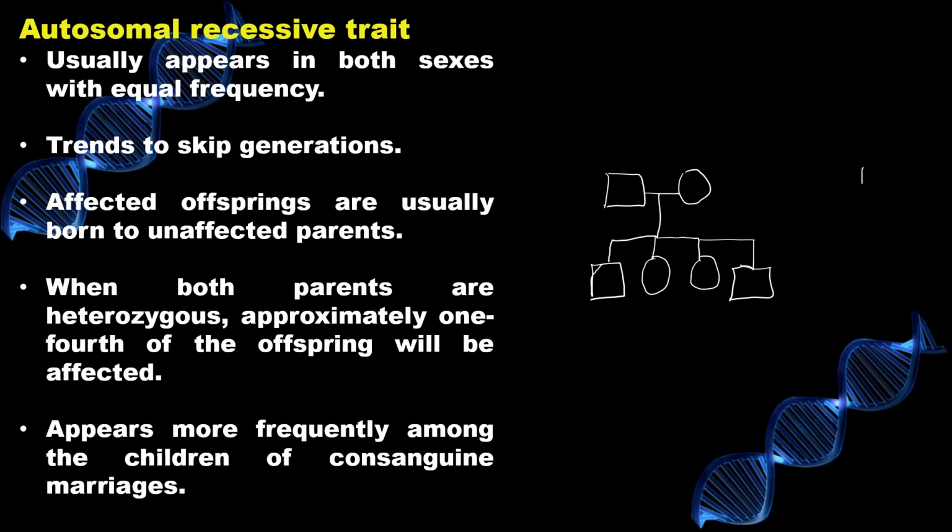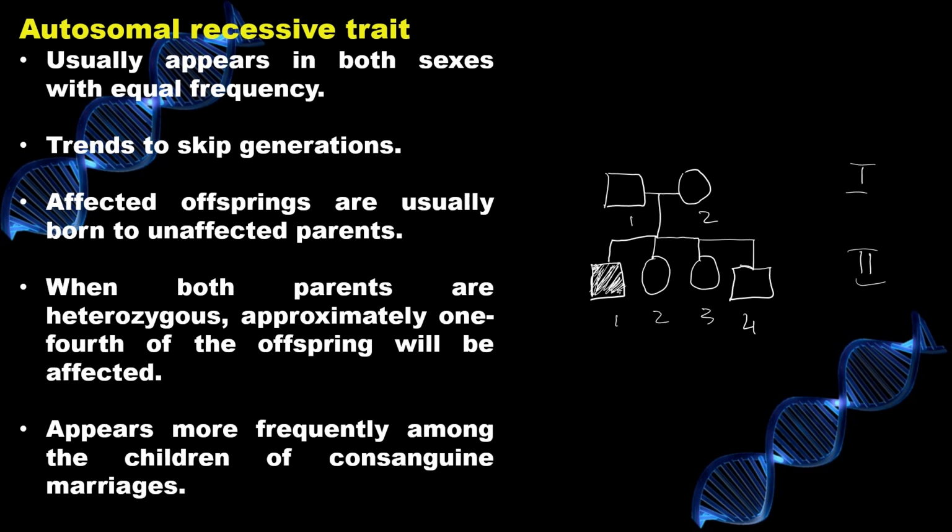Then this is the first generation, this is the second generation. We will represent 1, 2 like this. And we can see that only a male is the affected child.